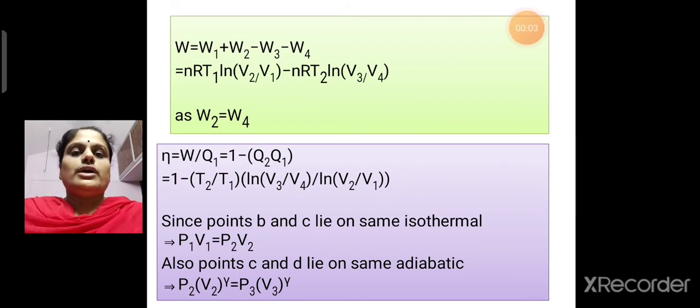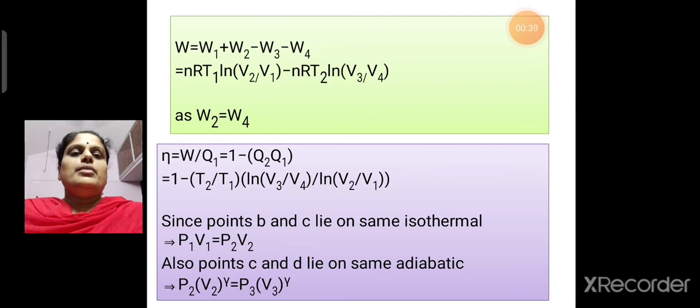The total work done in a Carnot cycle is given by W = W1 + W2 − W3 − W4. The last two processes are negative since the work is done on the gas, which is equal to nRT1 log V2/V1 − nRT2 log V3/V4.